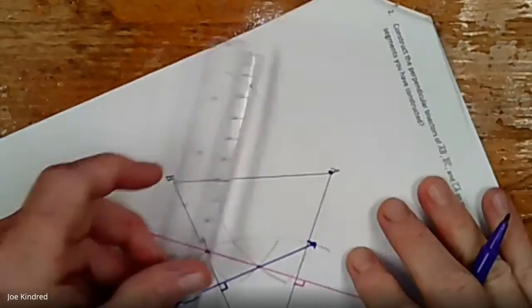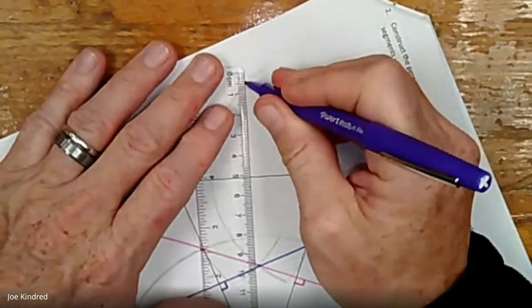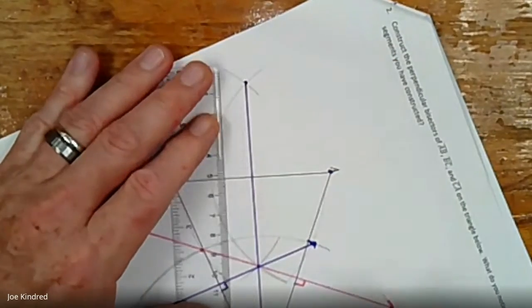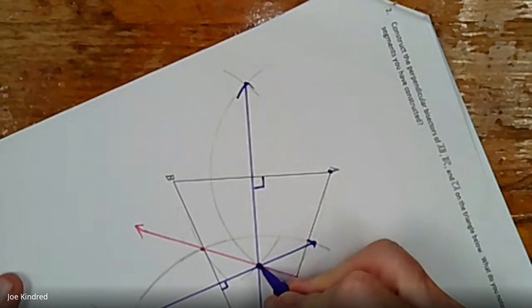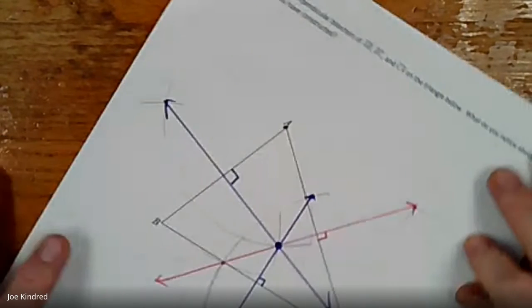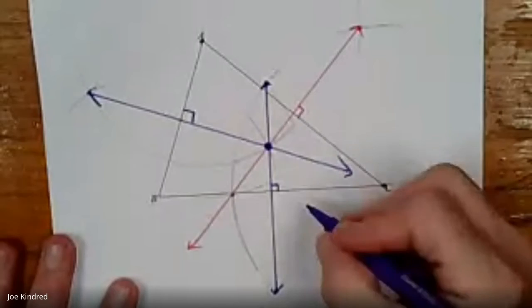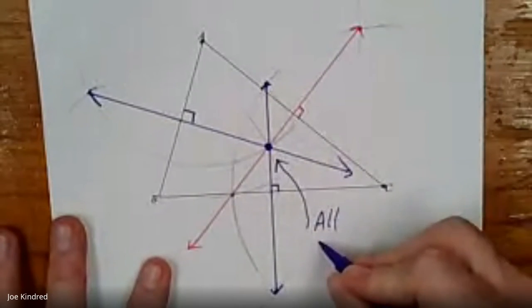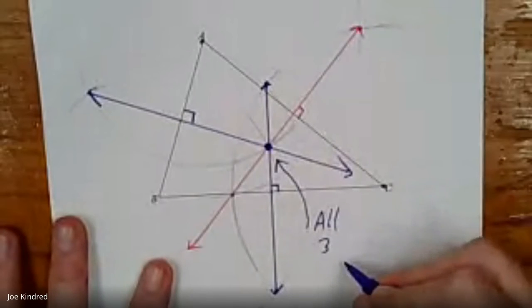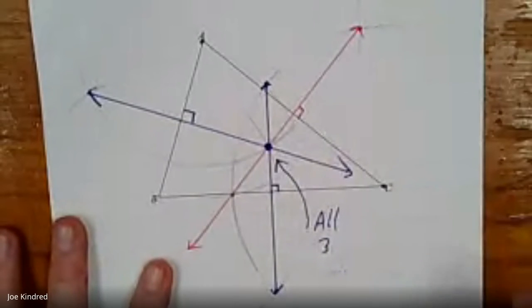And look, as I begin to draw this, you begin to realize something. Boom. You should begin to see that all 3 lines intersect at the same spot. All three of these perpendicular bisectors intersect at the same point.